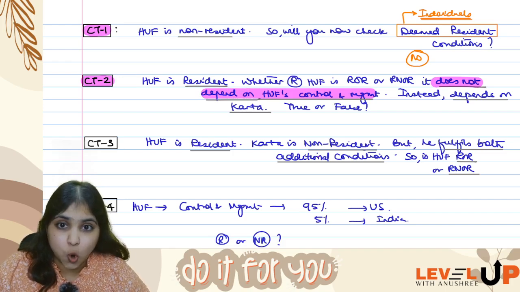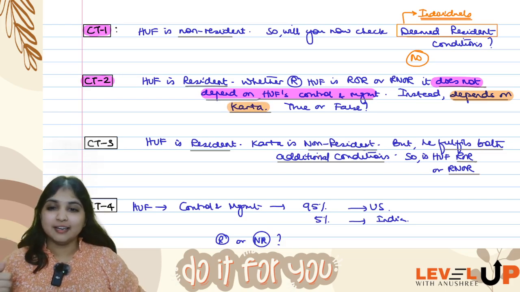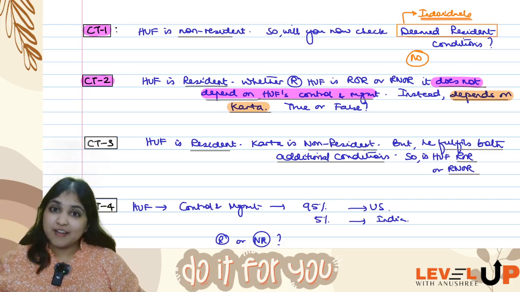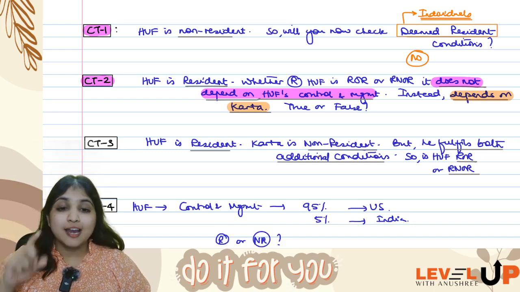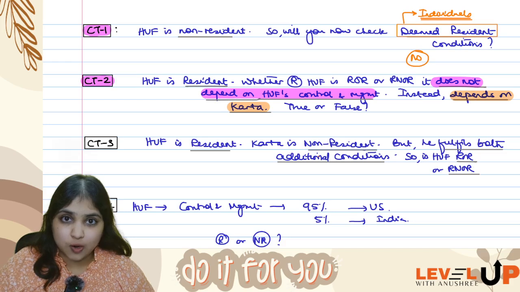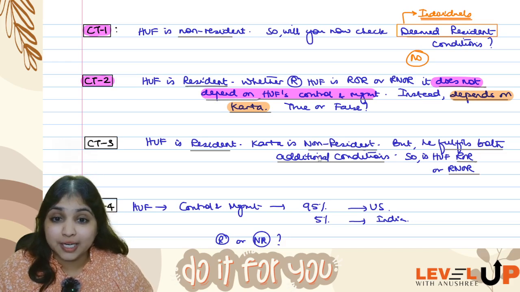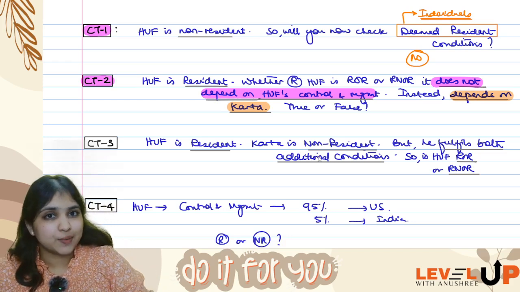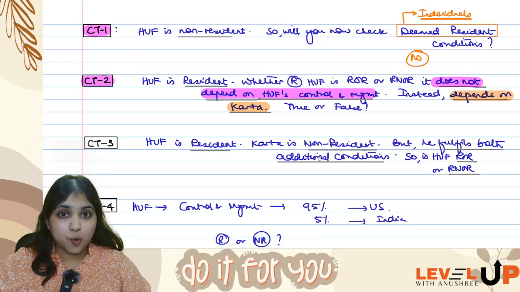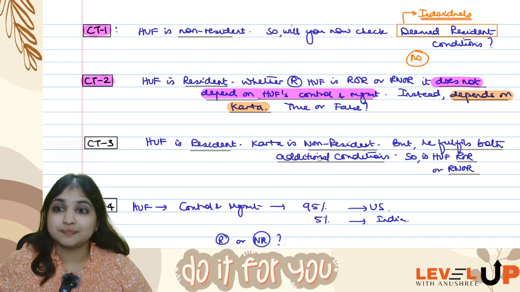Instead, it depends on the karta. True or false? Read again. HUF is a resident. Fact is given to you. Now whether this resident HUF is ROR or RNOR, that doesn't depend upon where the control and management is happening. Instead it depends upon who the karta is. True or false?